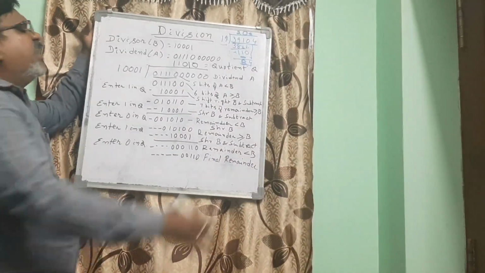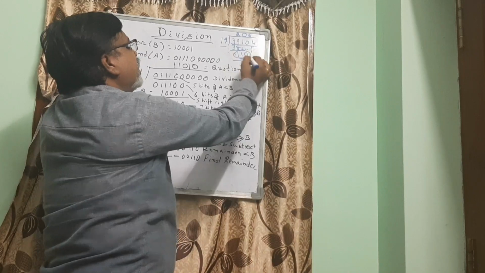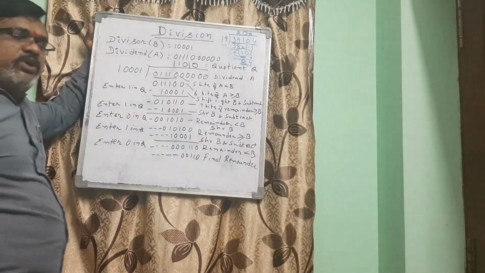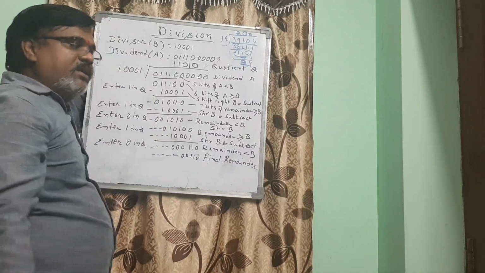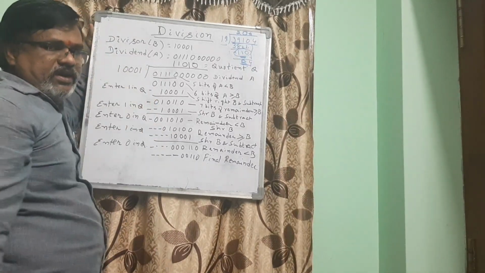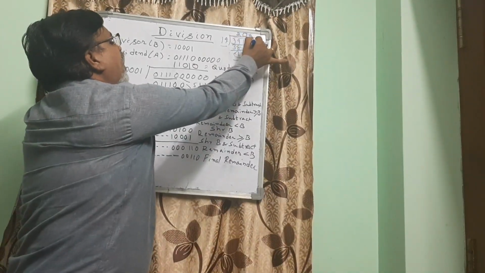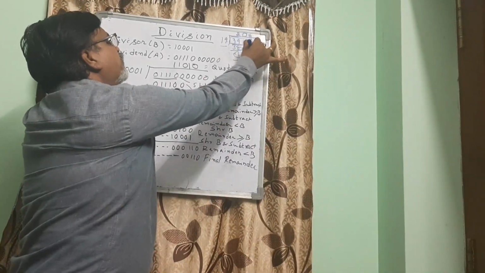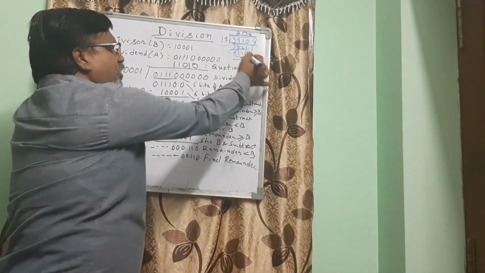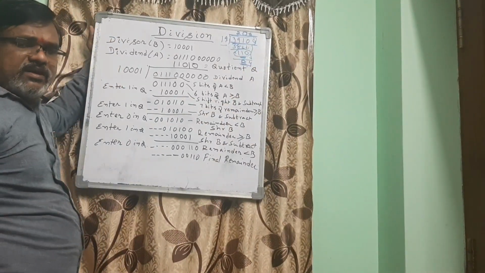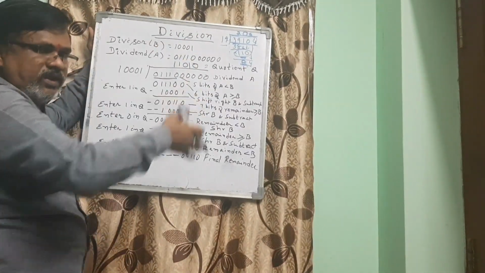For every step, whatever remainder you get, you need to consider that it is not a final remainder, it is a partial remainder. It is a partial remainder till the digits of the dividend are over and the remainder is less than the divisor.